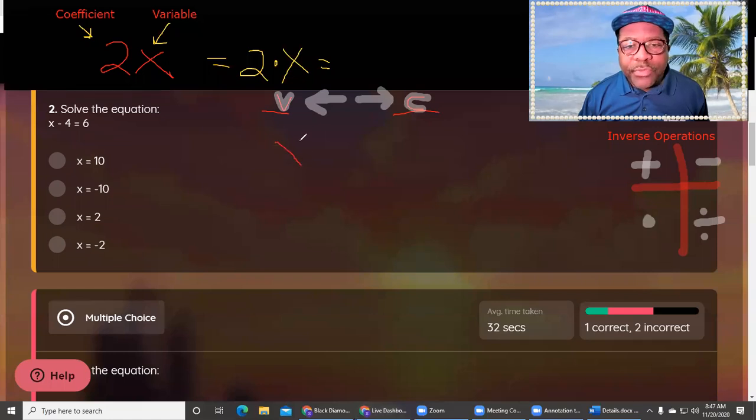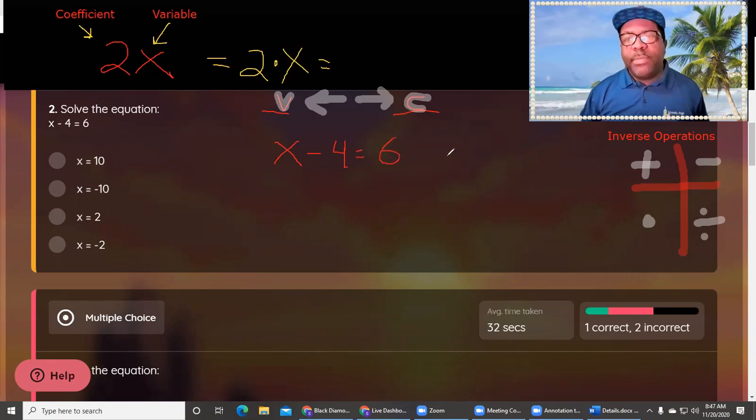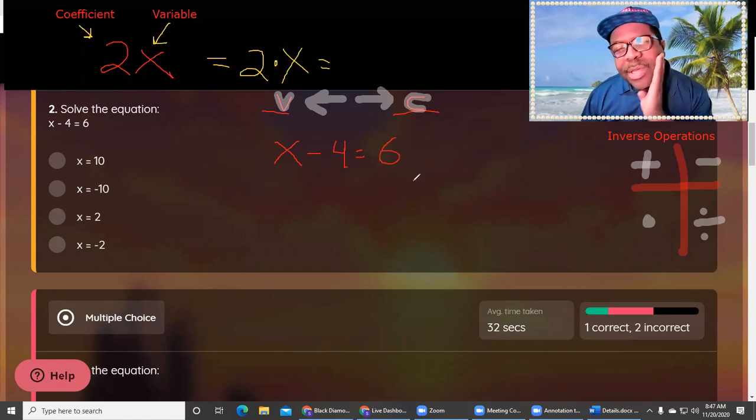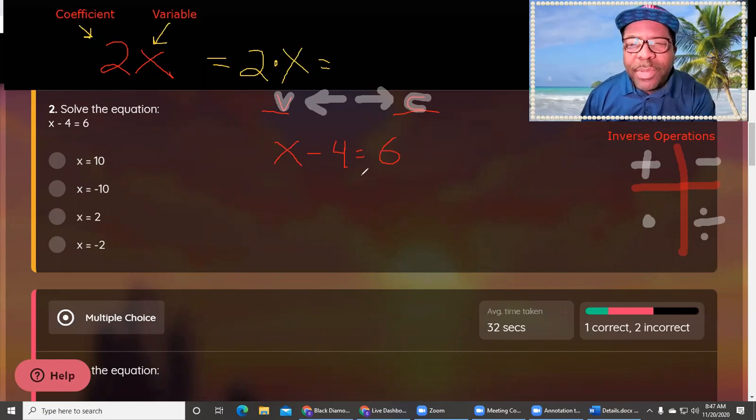Now, I always rewrite the equation because it helps it sink into your brain better. Trust me. The more you interact with something, the better you get at it. The more you play Xbox, the better you get at Xbox. The more you play basketball or football, the better you get at it. Okay, so x minus 4 equals 6.